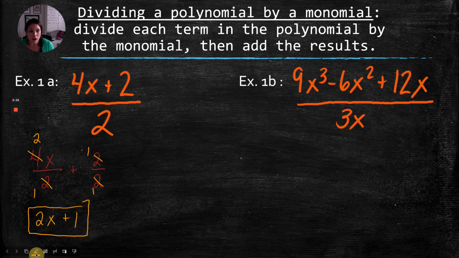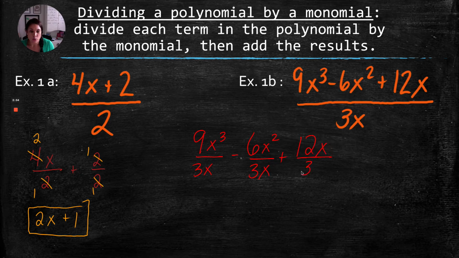Okay, here I have a trinomial that I need to break up. 9x cubed over 3x minus, be sure to note your minus signs, 6x squared over 3x plus 12x over 3x.